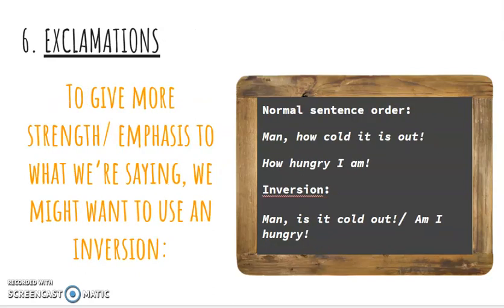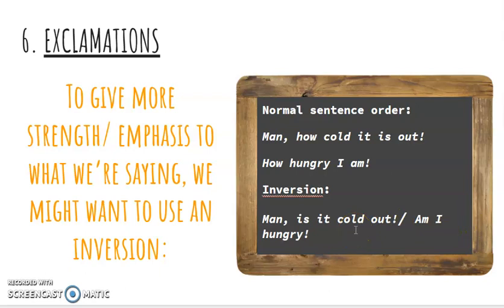And finally, we're going to talk about exclamations and wishes. Now, imagine a sentence such as, "Man, how cold it is out," or "How hungry I am." We can even make more emphasis if we say, "Man, is it cold out?" Or "Am I hungry?"